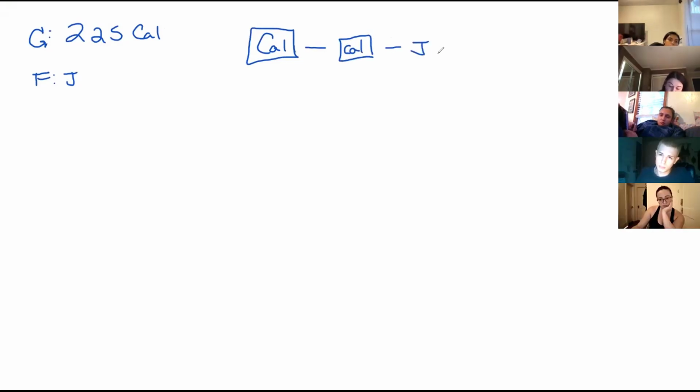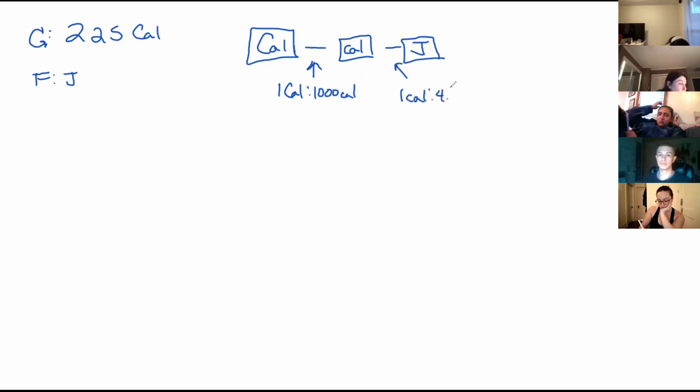Then from there, I'll go into joule. Right, the relationship here is that 1 big C calorie is equal to 1,000 little c calories. On this one here says that 1 little c calorie is equivalent to 4.184 joules. So it's a two-step problem.